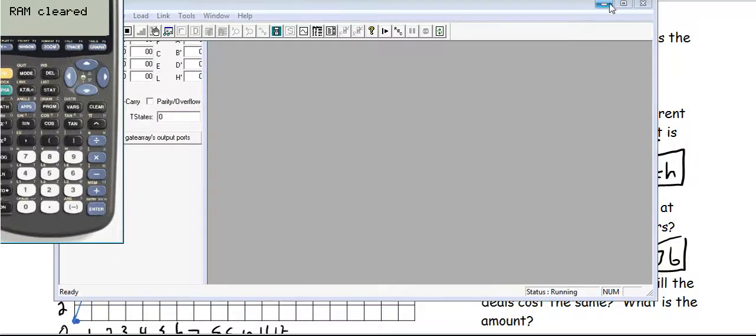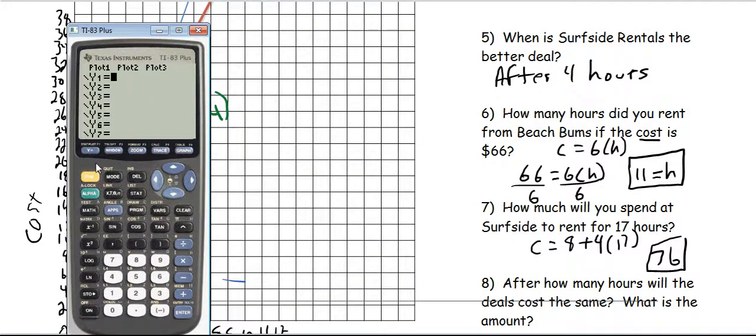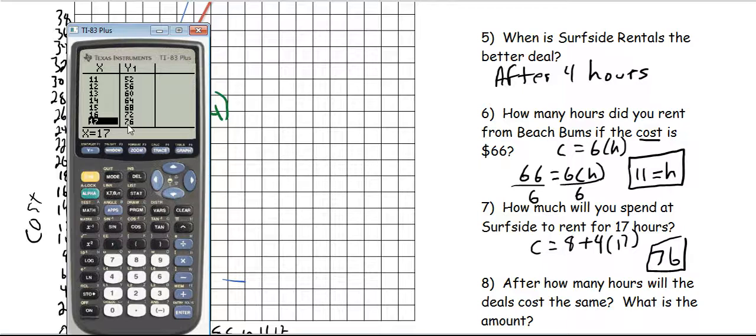If we go to our y equals, and we have the 8 plus 4 times x, so we can look at our table, and hours is the x, so I could go down and I could find 17 on the hours, and you see here it's 76.